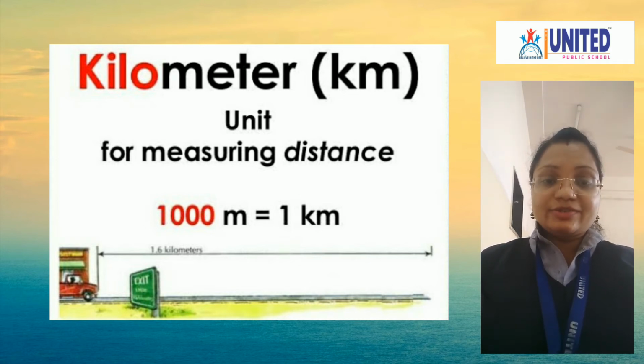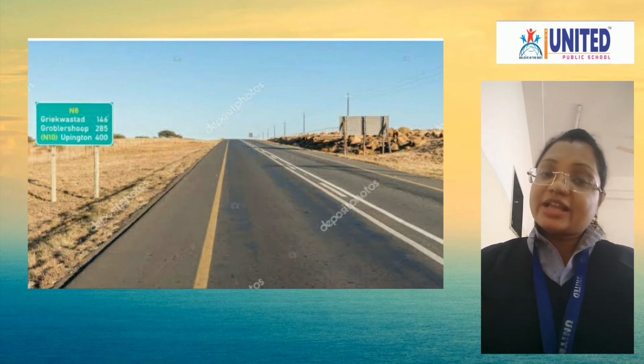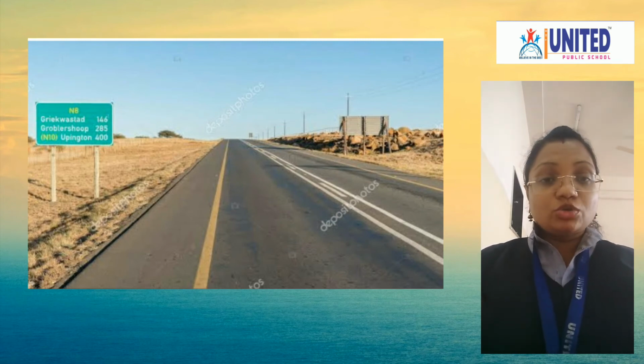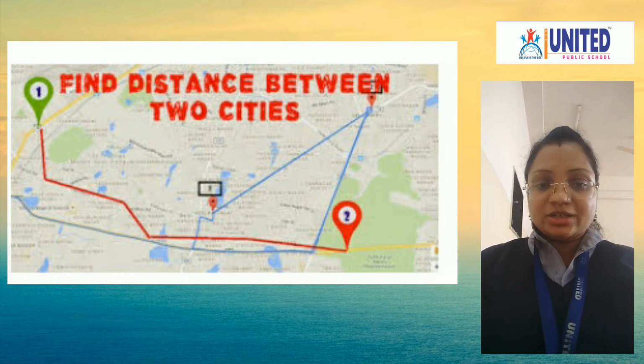Okay, that means when we want to measure the length of the road, then we can use the kilometer. If we want to measure the distance between two cities or the distance between two villages, that time also we can use the kilometer. Now if we want to measure the distance between two locations, that time we also use the kilometer.